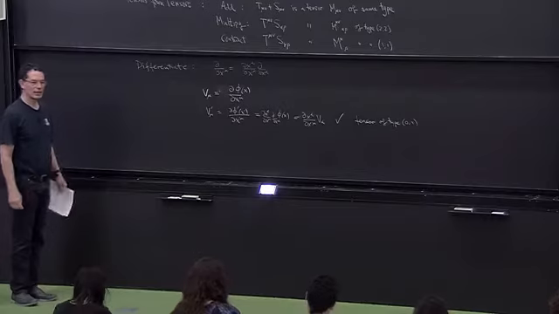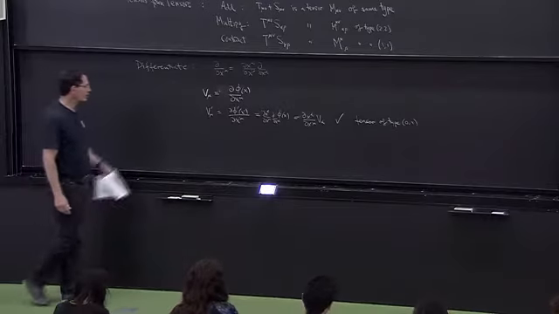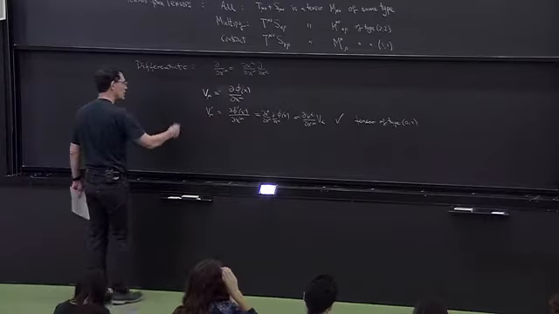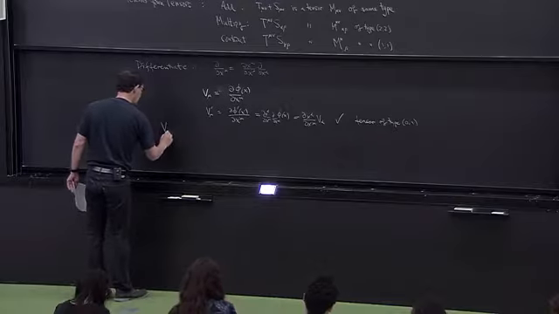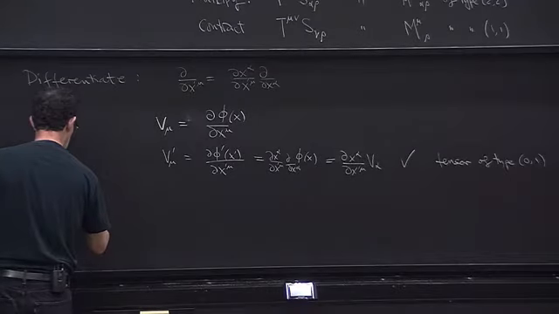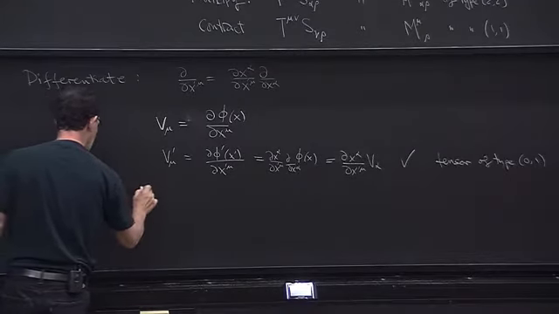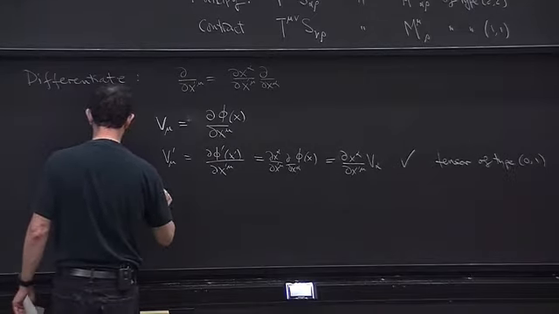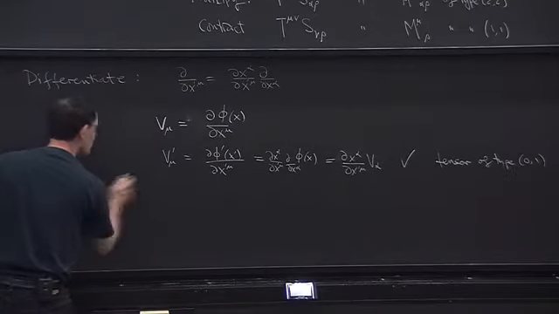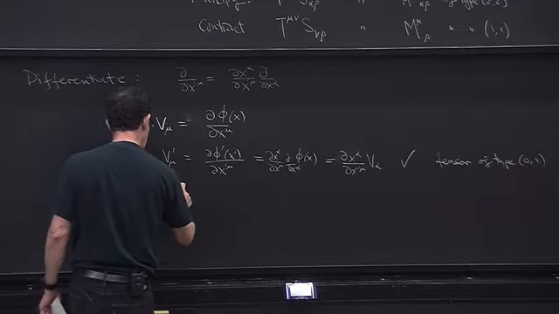Okay, so having made a tensor like this, let's make another tensor. Let's imagine I have some vector. Let me call it something else, just so you don't confuse it with this.